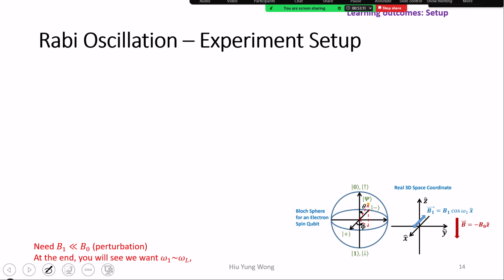So it is very straightforward. First, the setup. We have the field pointing down, which is negative B0 z hat. And then you add this to an oscillating field, which is B1 cosine omega 1t x hat.